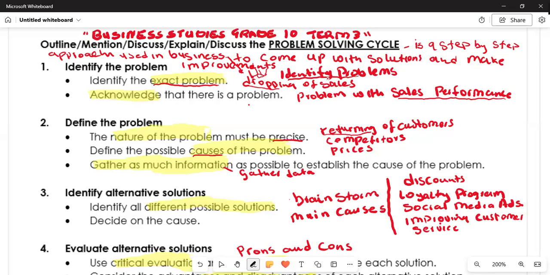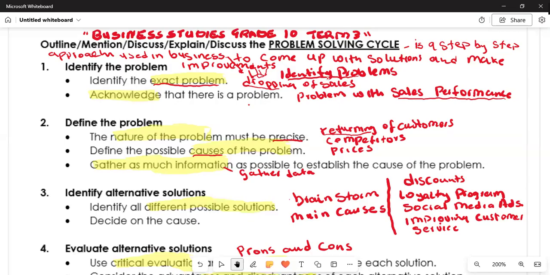So when you are coming up with alternative solutions, let's take for example, what will solve our problems will be trying by all means to offer discounts, maybe to launch a loyalty program, or maybe to run social media ads, or improve customer service. These are going to be our possible solutions that we are going to try to come up with.